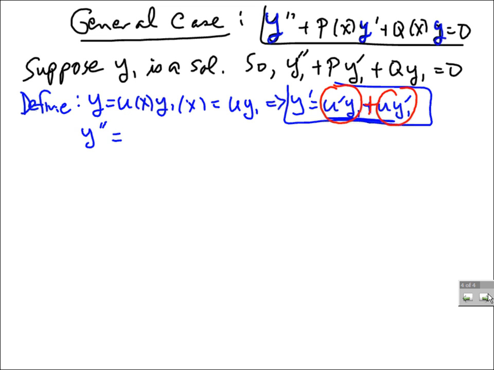So the derivative of u prime y will be u double prime y plus u prime y prime, plus the derivative of this, which will be u prime y prime, so I'll have two of them, plus u times y double prime. And all these y's are sub 1.